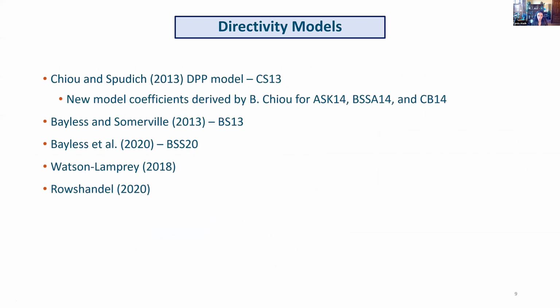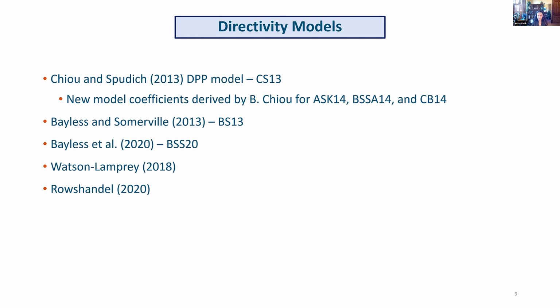Okay, so moving on now to the directivity models that we have evaluated. We evaluated the Chiou and Youngs 2013 direct point parameter, DPP, model. We also had Brian Chiou develop new model coefficients for us for each of the remaining 3 NGA-West2 models.